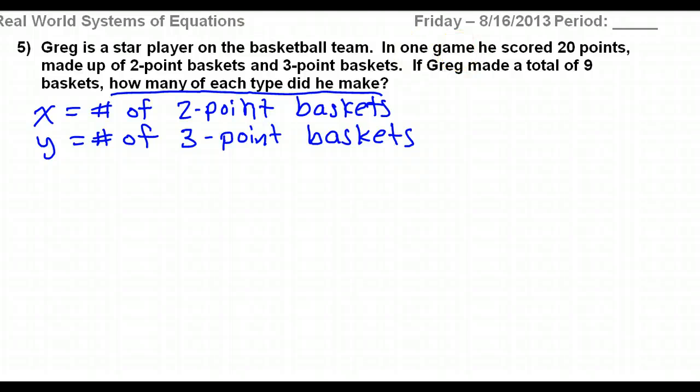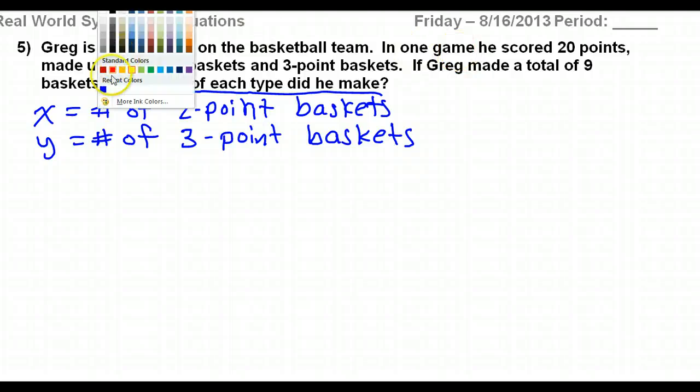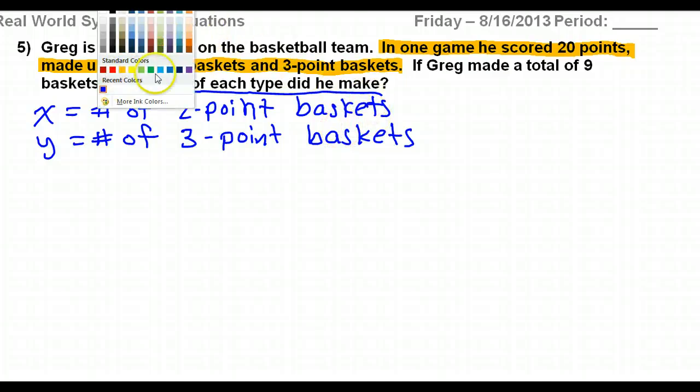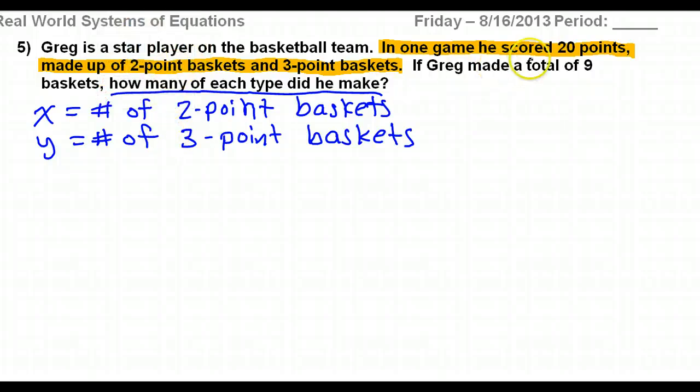Alright, let's get some equations going. Greg is a star player, blah, blah, blah. No equation there. In one game, he scored 20 points, made up of 2-point baskets and 3-point baskets. I'm betting there's an equation in there somewhere. Alright, here's the equation that would go with that. We're talking about points now.